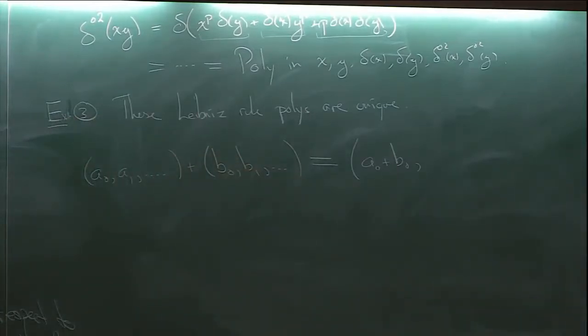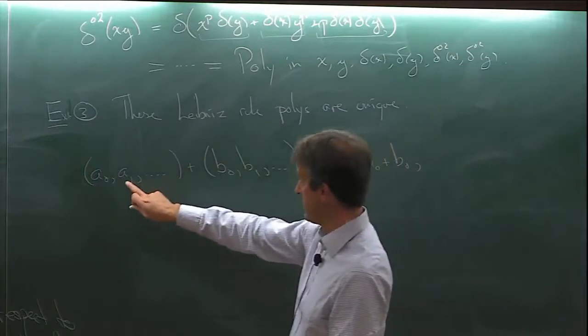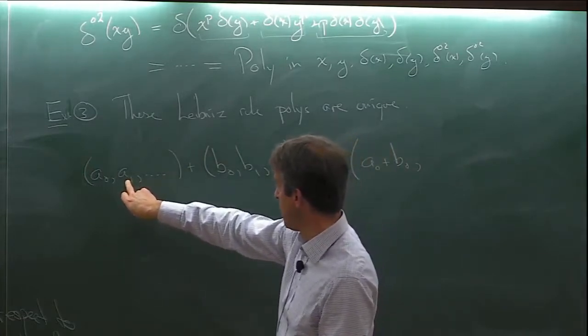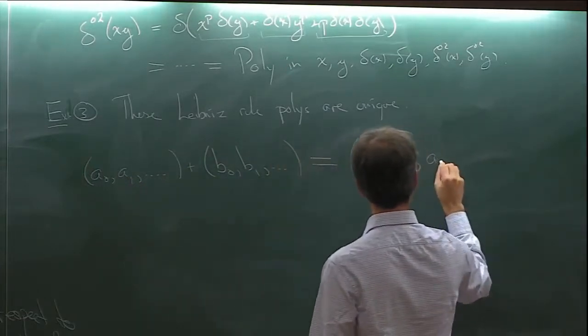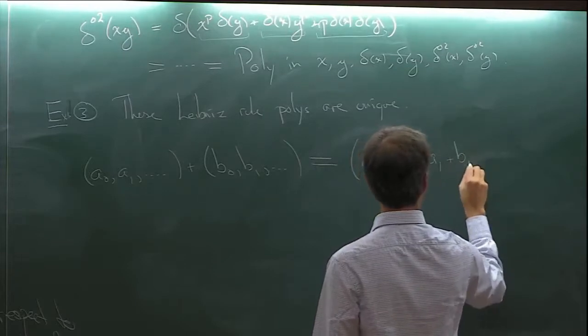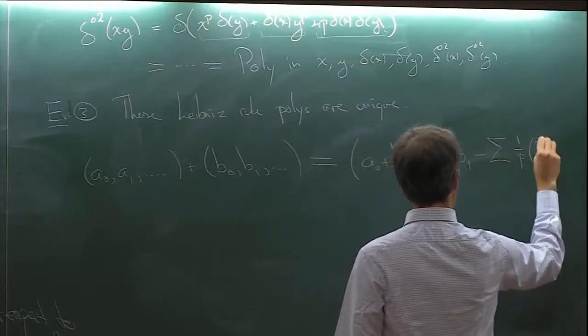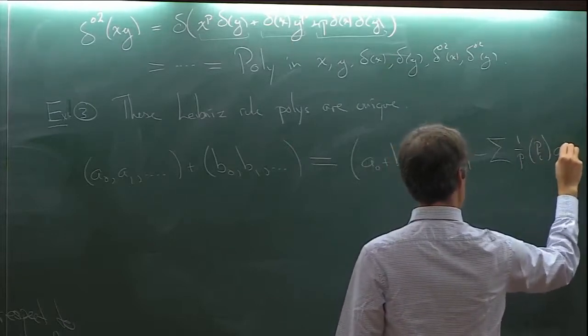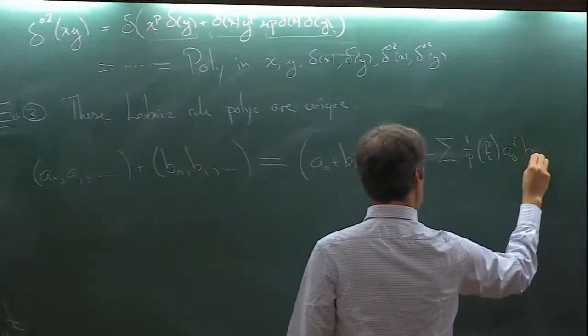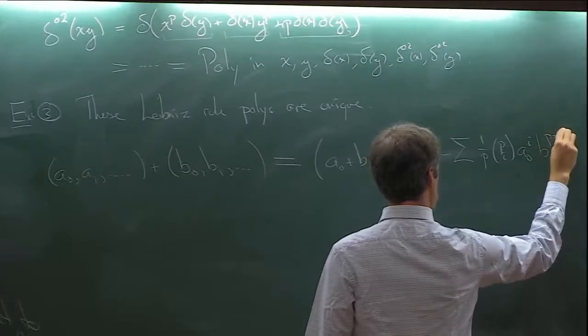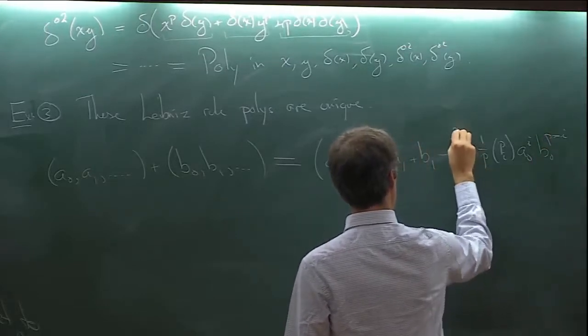The delta of a sum, which I erased, is this polynomial, and what is it? It's a1 plus b1 minus the sum over i from 1 to p minus 1 of 1 over p times p choose i, a0 to the i, b0 to the p minus i.